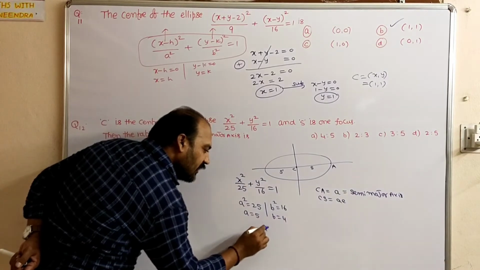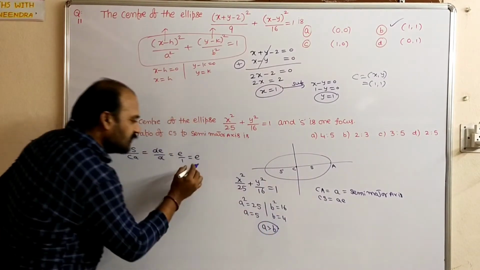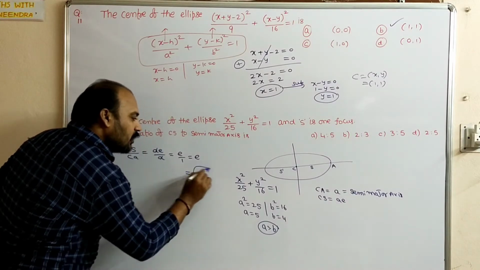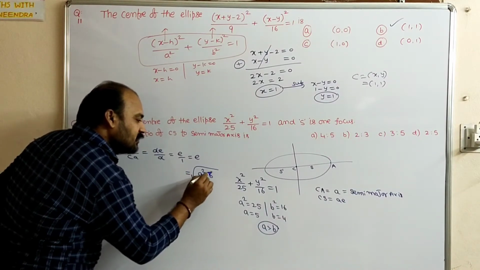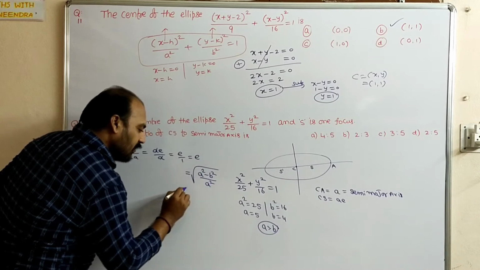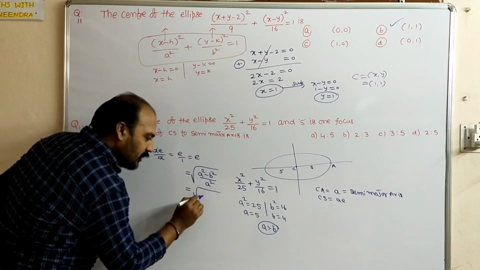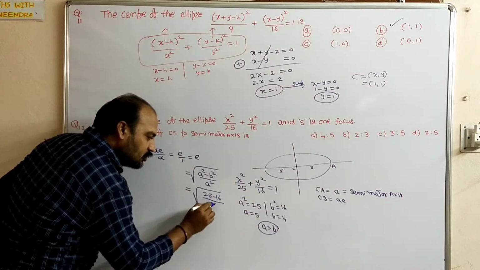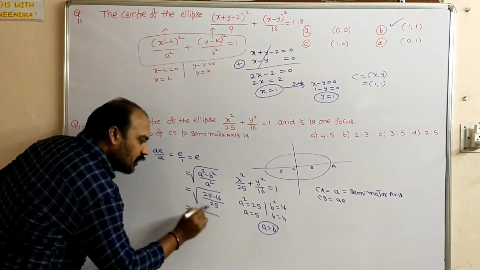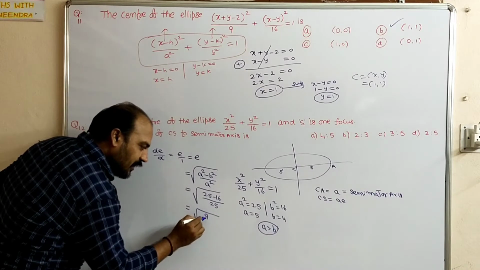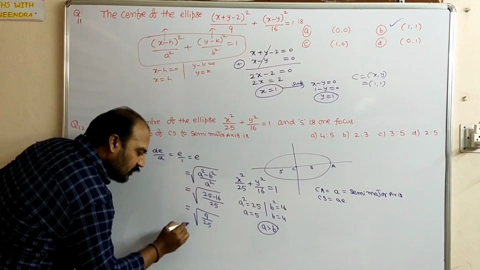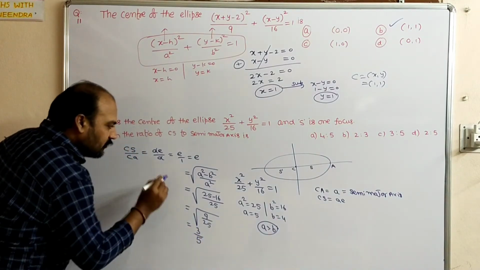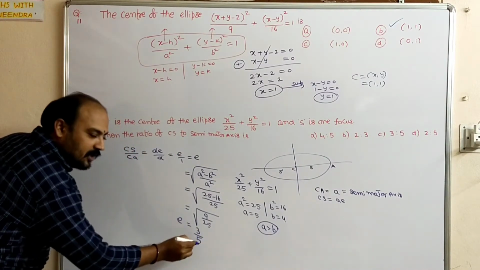By observing, a is greater than b, so the eccentricity formula is e = square root of (a^2 - b^2)/a^2. Square root of (25 - 16)/25, so it is equal to square root of 9/25. So root 9 is 3 divided by root 25 is 5. So e = 3:5.